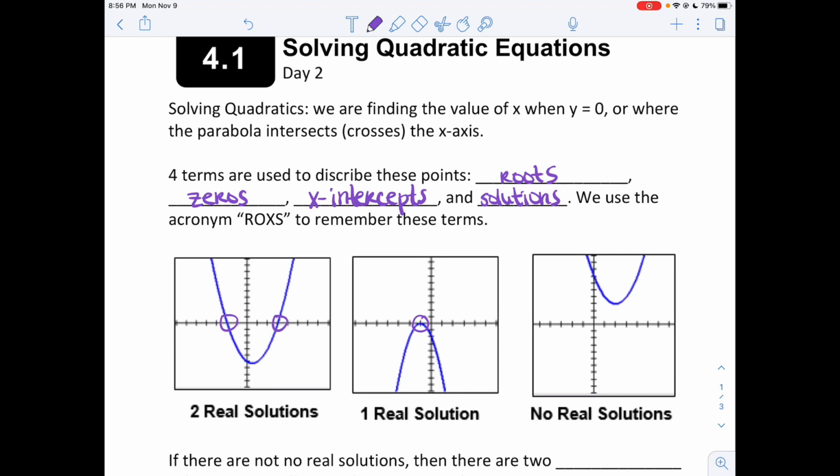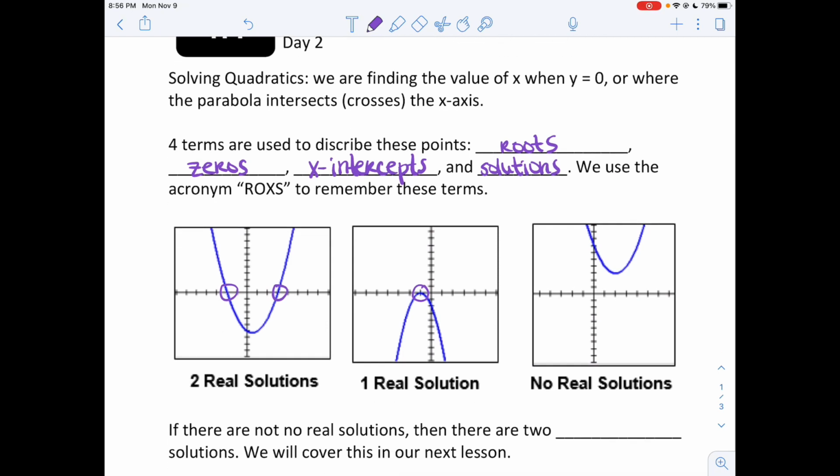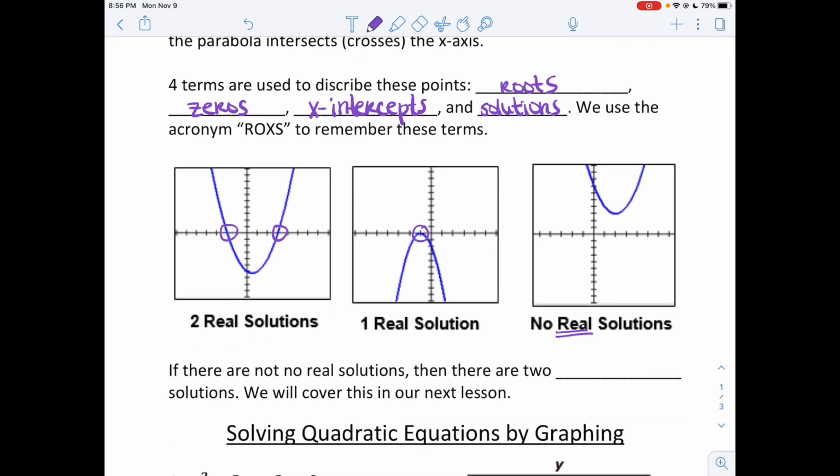And then finally, if it has no solutions, then that means that it never crosses the x-axis. Now, I need to emphasize that this is no real solutions. We will talk about something next time called imaginary solutions. So let's just go ahead and make a note that if there are no real solutions, then that means that there are two imaginary solutions. And we'll cover this in 4.2, our next lesson.